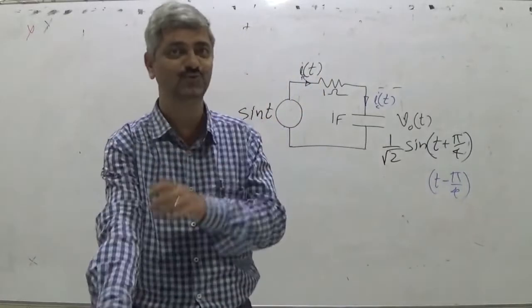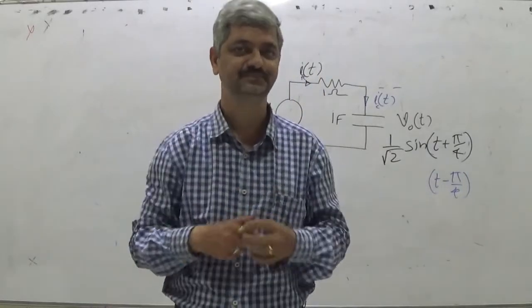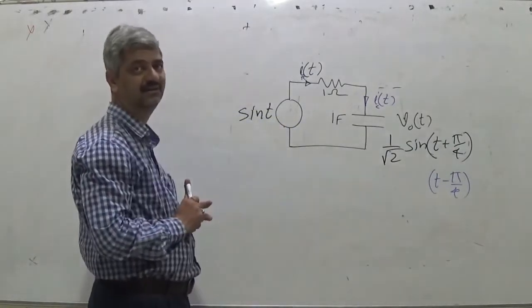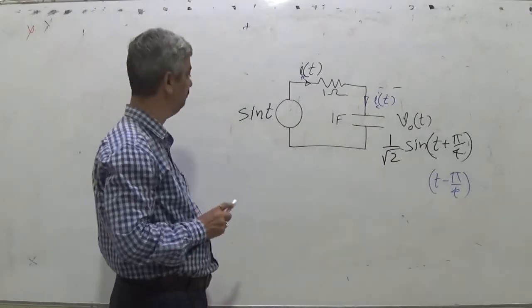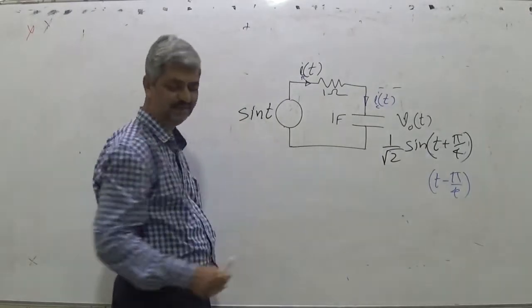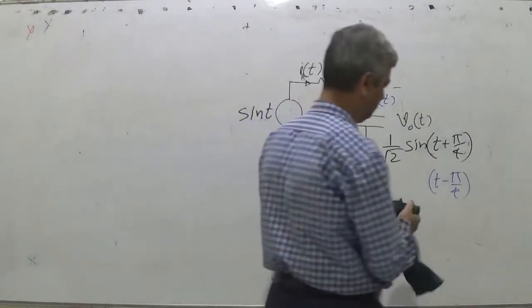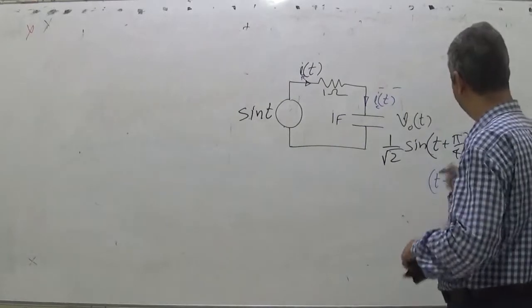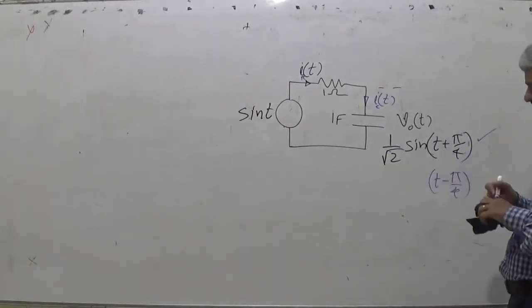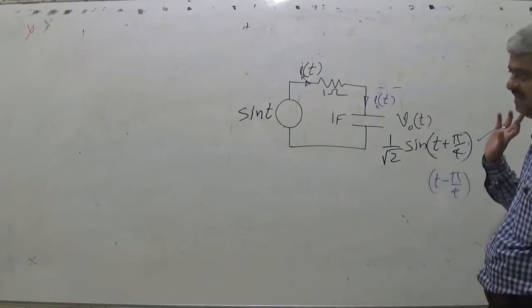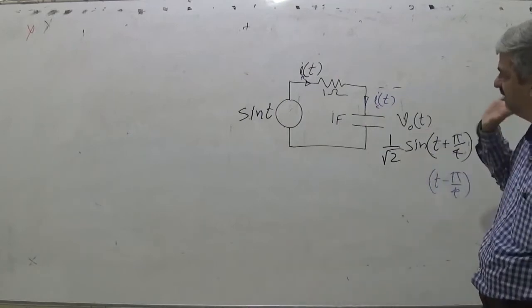But I would like to ask a very interesting question. At t equal to 0, what will happen? What is the input? Let us assume, just for the sake of assumption, that this is the answer: 1 upon root 2 sine of t plus pi by 4 is the answer for the output voltage.